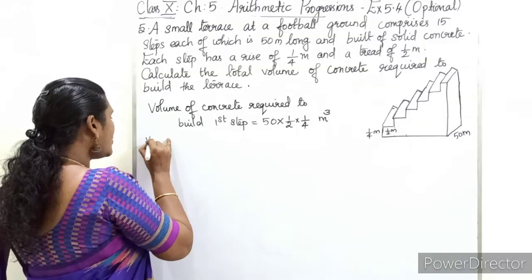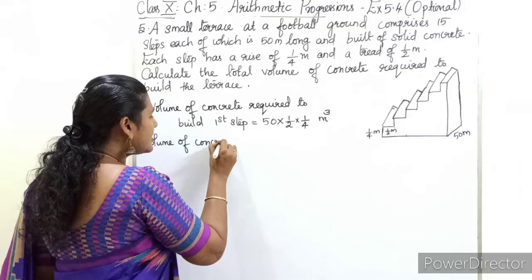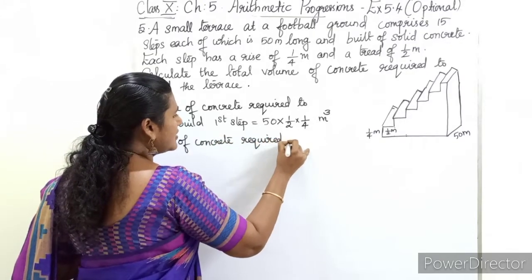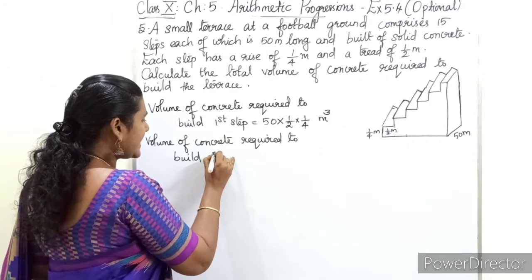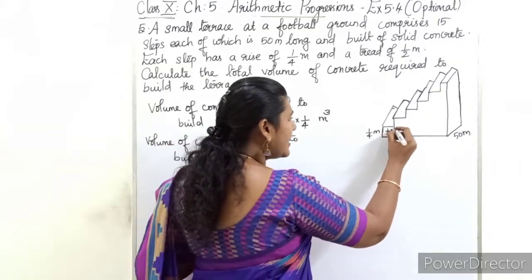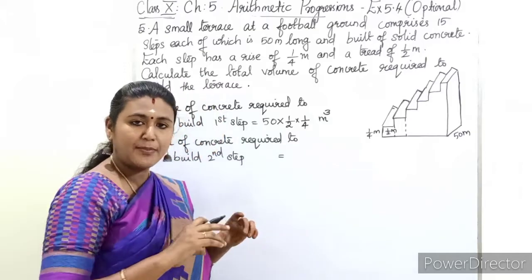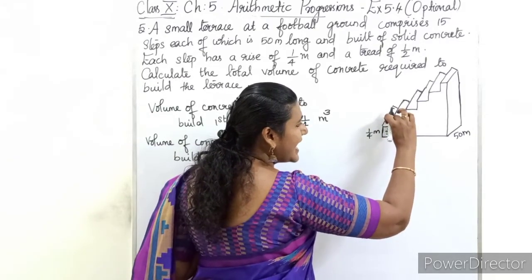Now the second one, what is the volume of concrete required to construct or build the second step? You see here, if we join like this, the second step is also the shape of a cuboid, but one difference is the height.